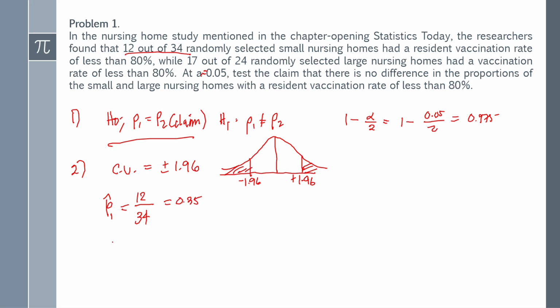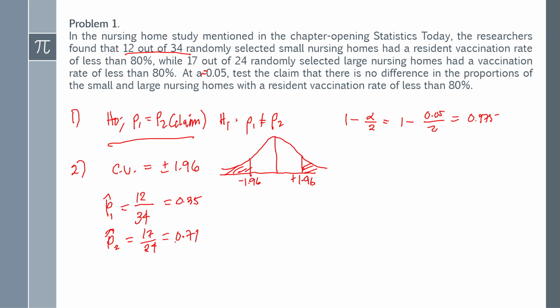Next, we have P hat 2: 17 out of 24 randomly selected large nursing homes. So 17 over 24 is 0.71. So P hat 2 is 0.71.